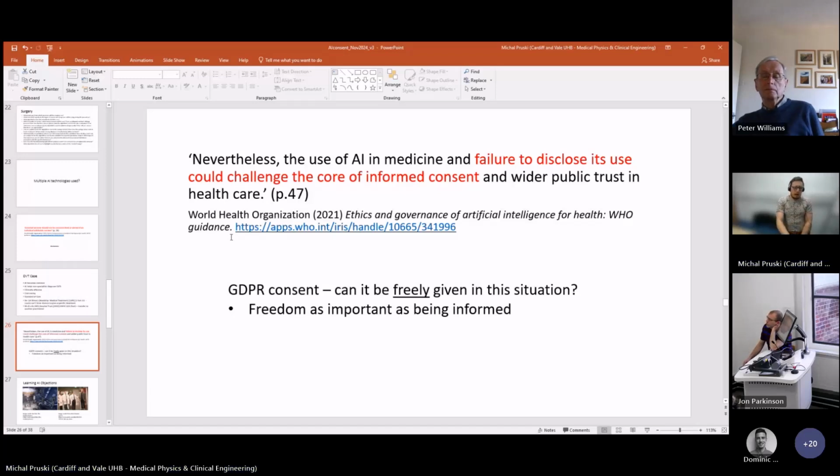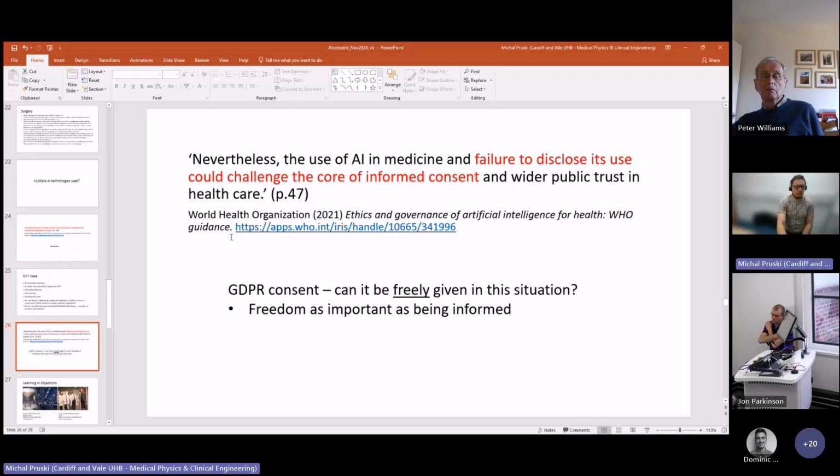So I think my reflection on this is that it wouldn't be so much that the failure to disclose the involvement of AI would challenge the core of informed consent in the sense that it would bring something new, but it might relate to the fact that we're simply not giving patients enough information to start with about the various complexities of their healthcare.